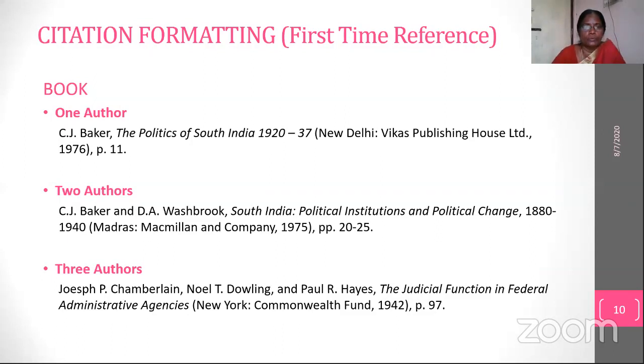There is no change in the case of one author, two authors, and three authors. The only change is that we have to add, and C.J. Baker and D. Washbrook.